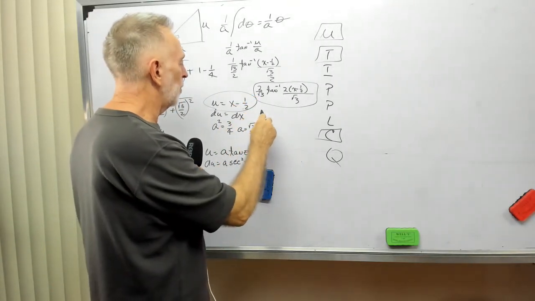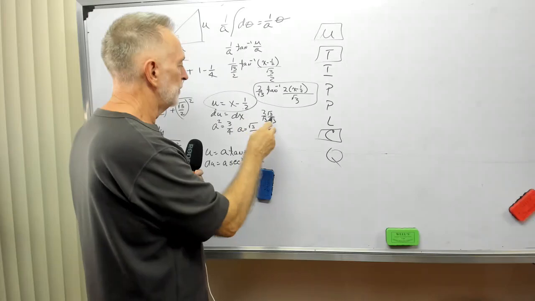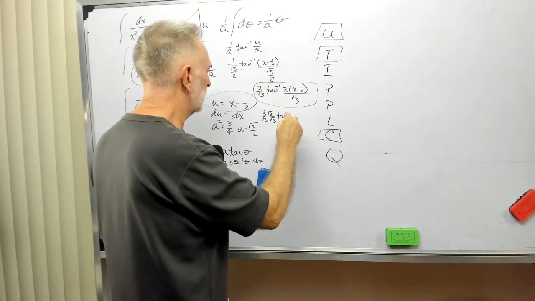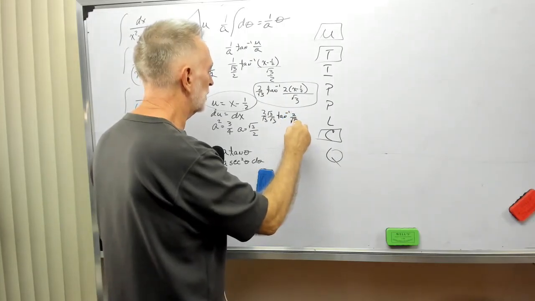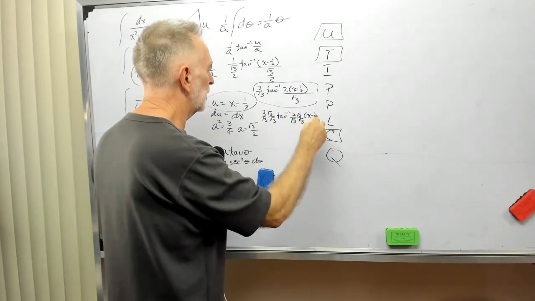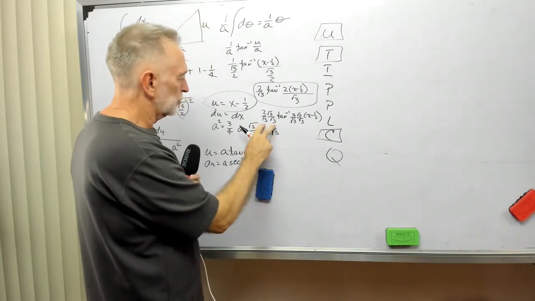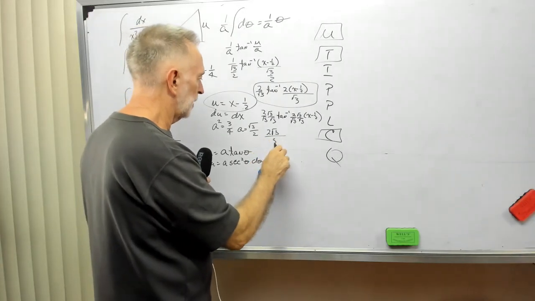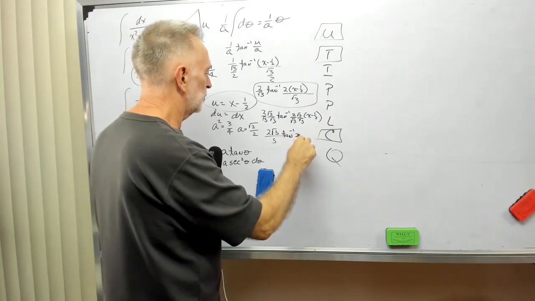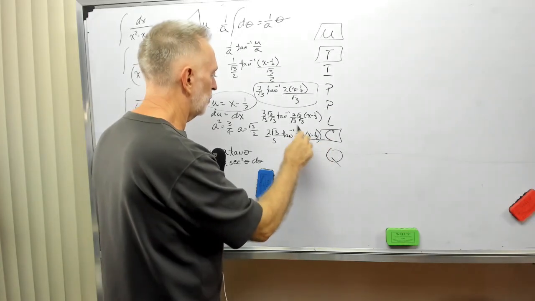I'm going to let my 1 be square root 3 over square root 3, and do the same in here. So 2 square root 3 over 3, tangent inverse of 2 square root 3 times x minus 1/2 over 3.